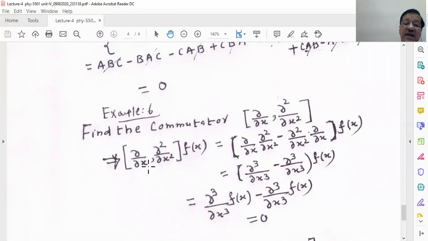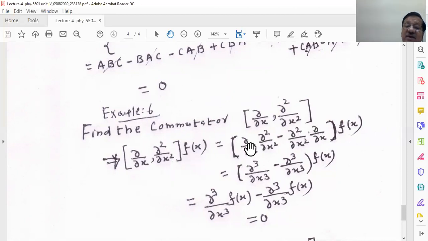So del by del x and del square by del x square are operating on f of x. Now this is the commutator, so I solve it: A operating on B minus B operating on A.